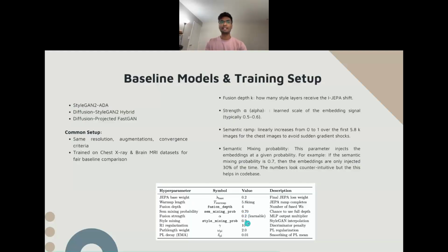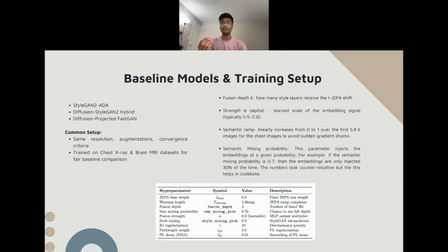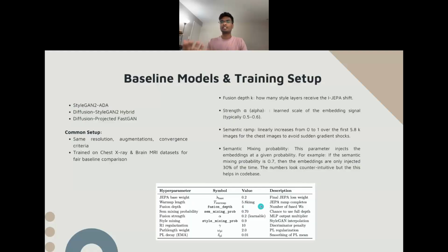It determines how often the embeddings are injected into the generator, because I don't want it to depend completely on the embeddings. If it is 0.7, it depends on the embeddings 70% of the time. I also ran studies with 0.6, 0.5, and 0.7 to see how the FID score changes.